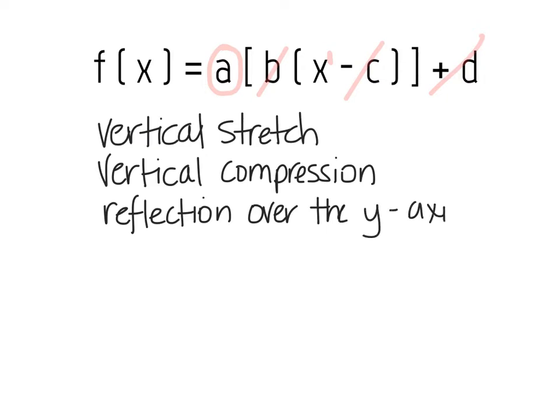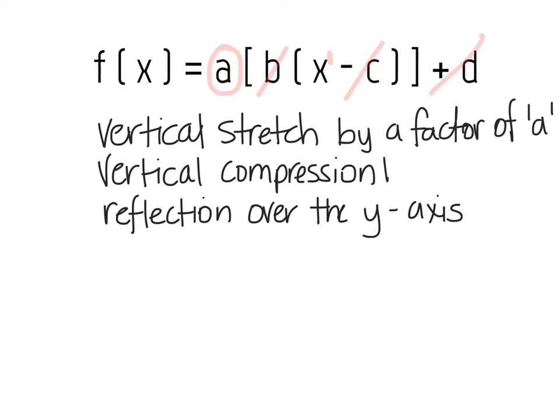When you're talking about a vertical stretch and compression, remember it was a multiplier. I'm multiplying. So this is a vertical stretch by a factor of whatever your A value is. And it's the same thing as a compression, by a factor of whatever your A is. So again, we just looked at an A transformation. You will see how all of this gets put together when we work on some examples at the end.